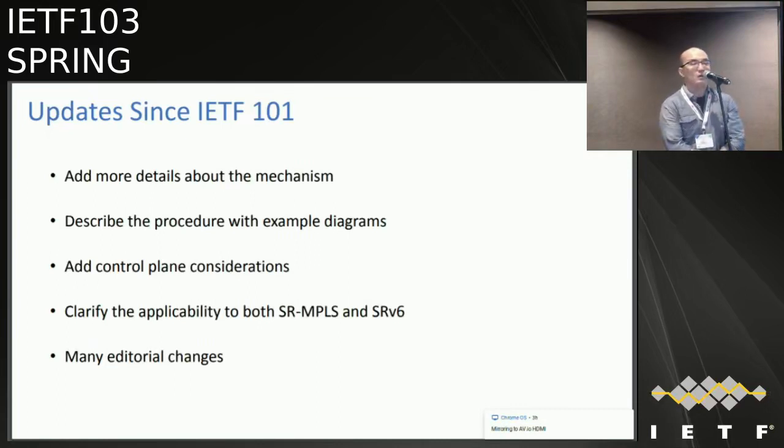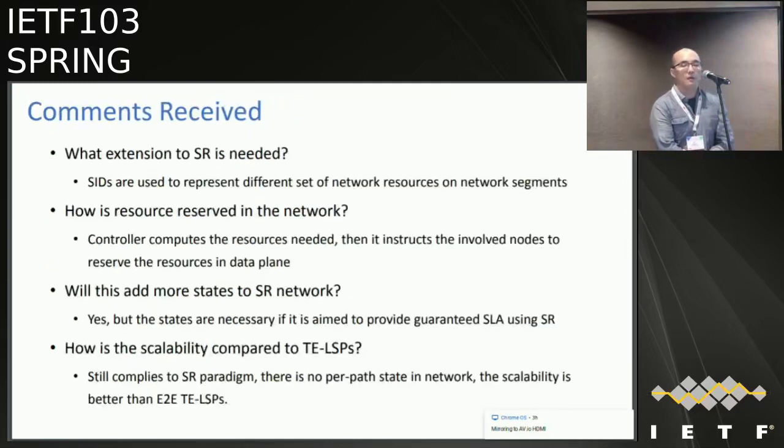We have received many comments on this draft. Here, I just list some of them and the answers to the questions. The first is what extension to segment routing is needed. We think the extension here is to use segment routing IDs to represent the different sets of network resource on the network segments.